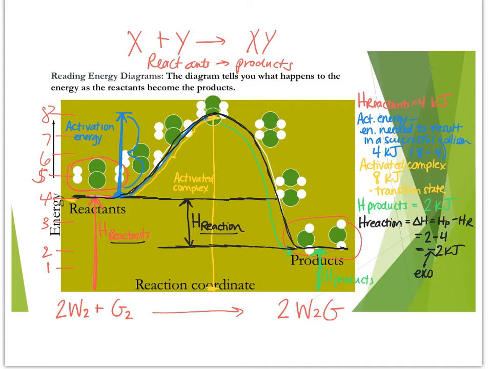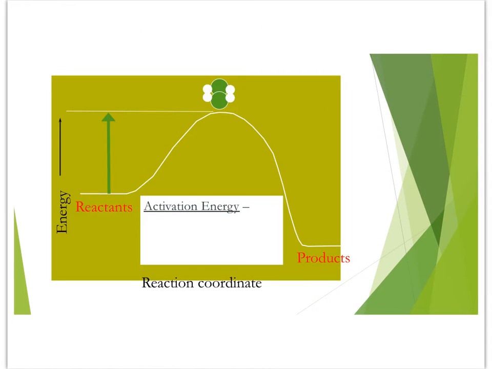Look at this diagram. So those are the parts you need to be able to identify. I'm going to go through some more examples with you. These next slides are just taking it step by step through the different pieces. So here's our activation energy. That's the amount of energy needed to get reactants to react.